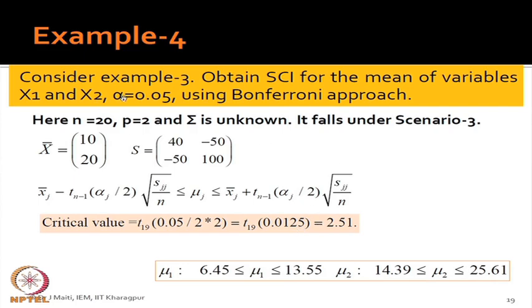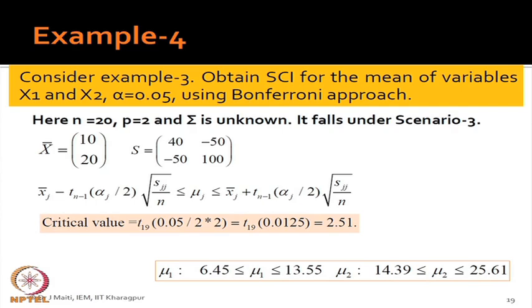Because our alpha is 0.05, then there are two variables, then alpha by 2 is 0.025, again it is two tailed, so further divided by 2, you are getting 0.0125. This value is this, and once you put all these values into this equation, you will be getting 6.45 less than or equal to mu 1 less than or equal to 13.55.